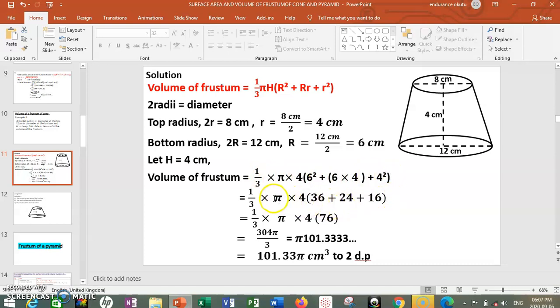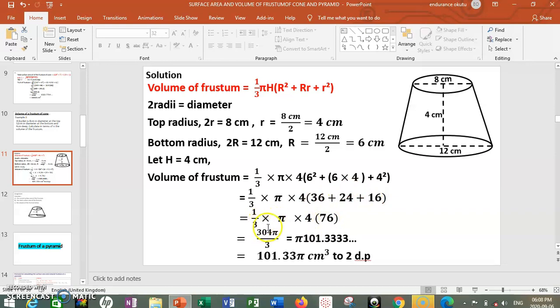Now when we simplify our values, we have 1/3, and because the question is in terms of pi, we are not putting the value of pi. Now 6 squared is 36, 6 times 4 is 24, plus 4 squared is 16. We add 36 plus 24, that gives us 60. 60 plus 16 gives us 76.